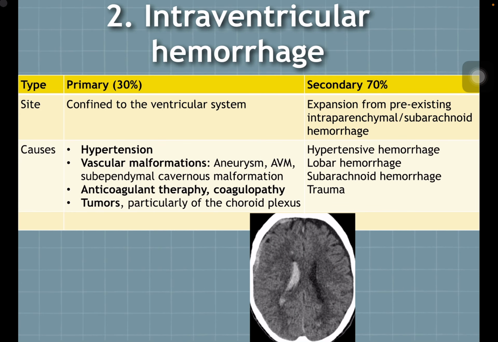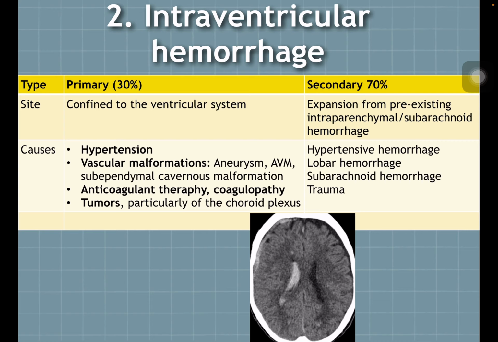Okay, next, number 2, under the extraaxial hemorrhage, we have intraventricular hemorrhage. We have two types, primary, about 30% of cases, and secondary, about 70% of cases. In primary, the bleed is confined to the ventricular system. It might be caused by hypertension, vascular malformation, anticoagulant therapy, or a tumor, especially involving the choroid plexus.